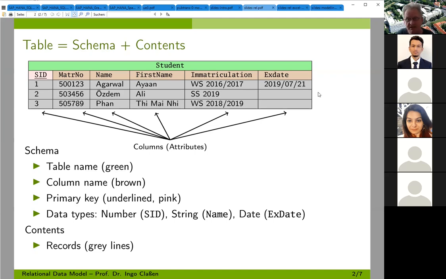And if it is really of type date, the database keeps track of that. If you try to insert a wrong date, so providing a string that doesn't represent a valid date, it would reject it, and it would go even so far that it also handles leap years, for example.